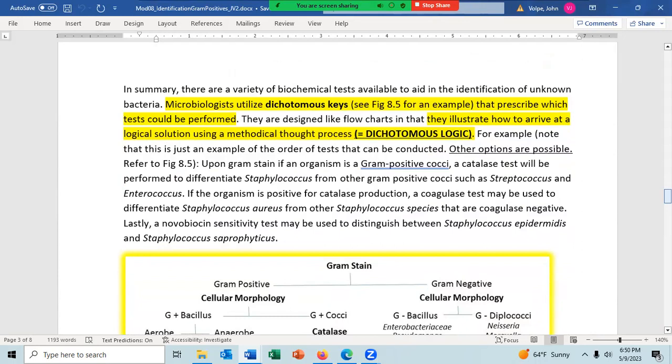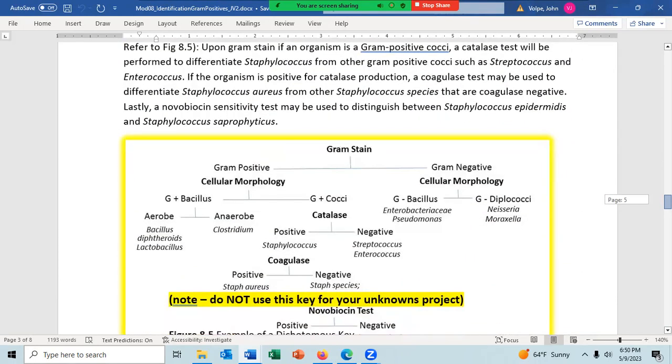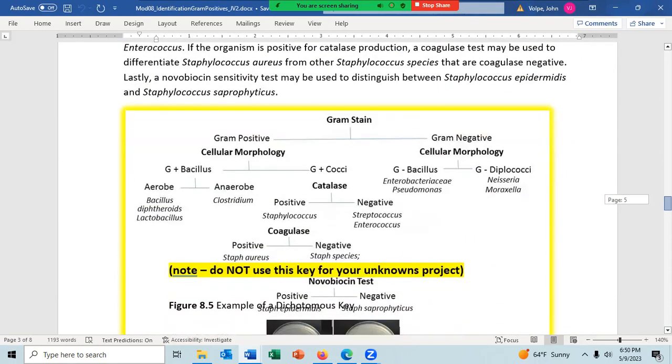Microbiologists use a dichotomous key for a test they perform, and the test shows you how to arrive at your solution, what the species is, what the identification is.